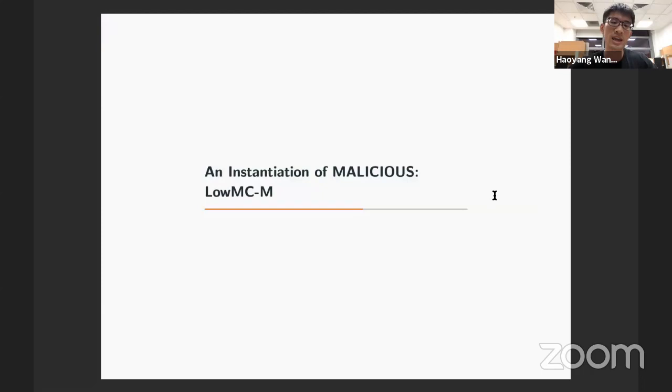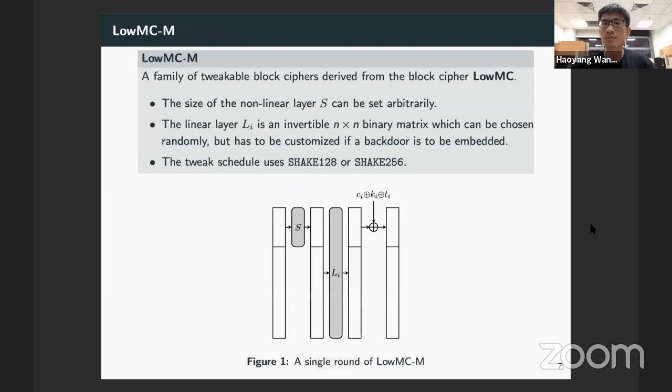So next, we propose a concrete instantiation of this framework, and we call it LOMCM. It is a family of tweakable block ciphers directly derived from the block cipher LOMC by simply adding a tweak addition in each round. The size of the linear layer can be set arbitrarily, and the linear layer is a binary matrix, which can be chosen randomly.